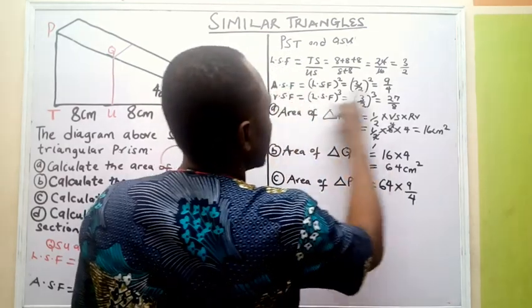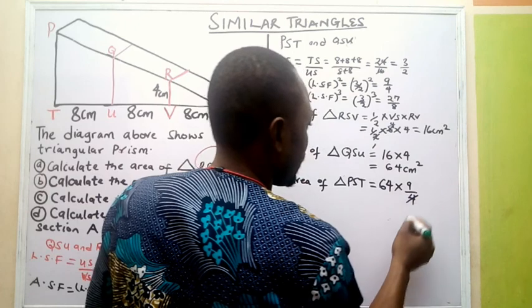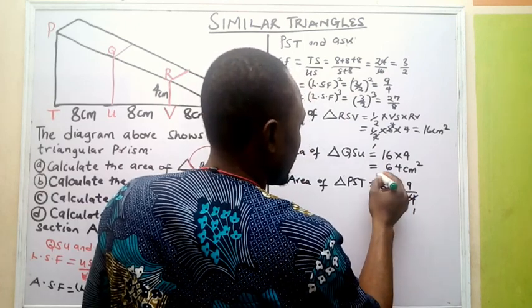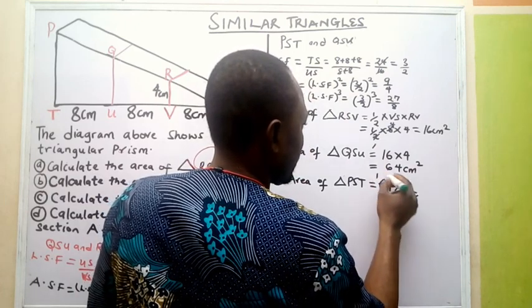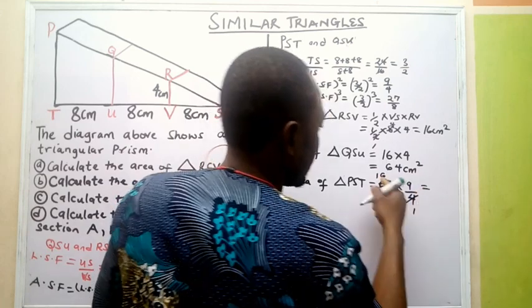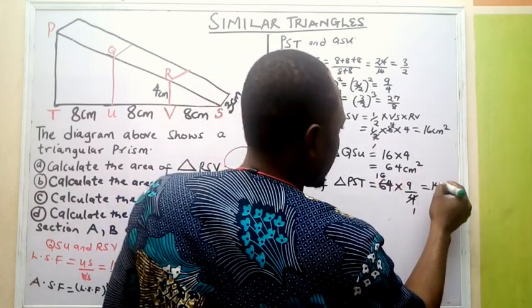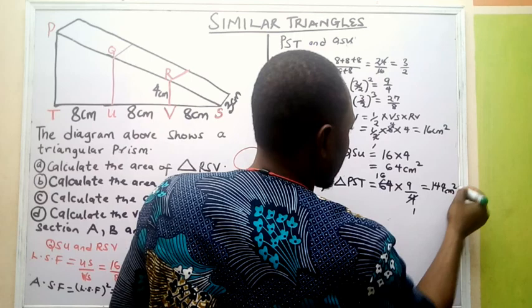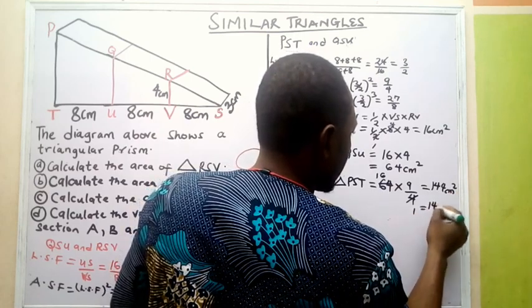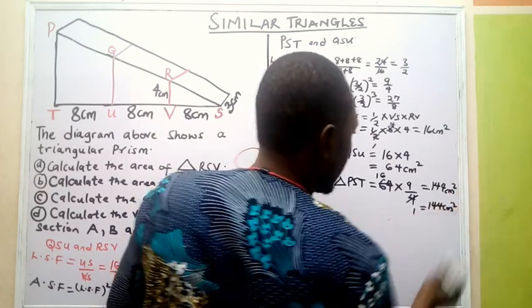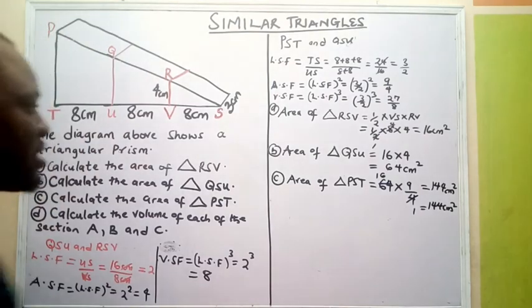This is the area scale factor, 9 over 4. So if I say 4 here 1, 4 here 16, so 16 times 9 will give you 144 centimeters squared. So the area is 144 centimeters squared. Now we are done with that.